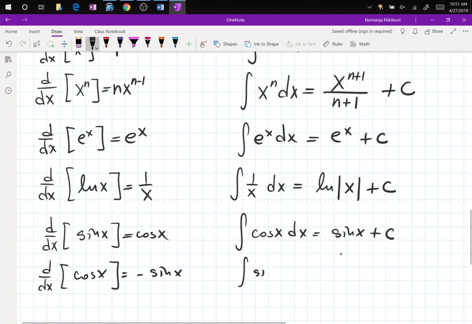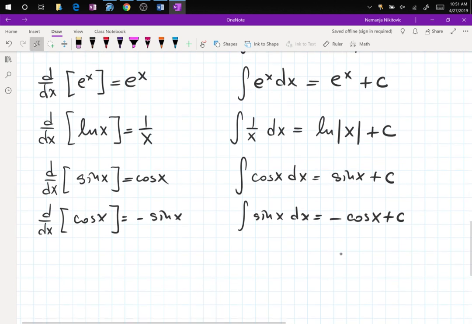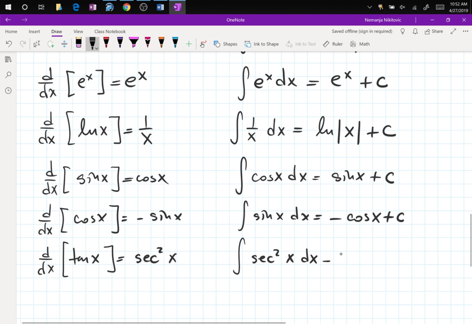The integral of sine x dx is negative cosine x plus c. The derivative of tangent x is secant squared x. The integral of secant squared x dx is tangent x plus c.